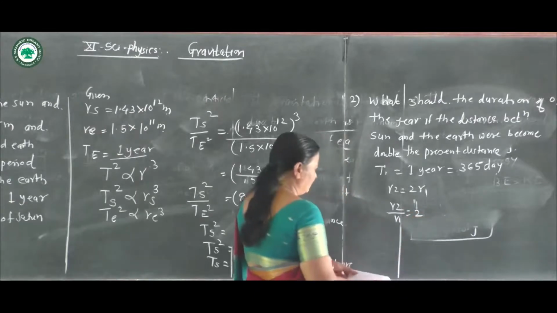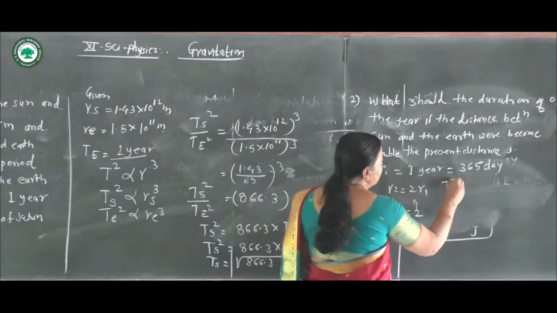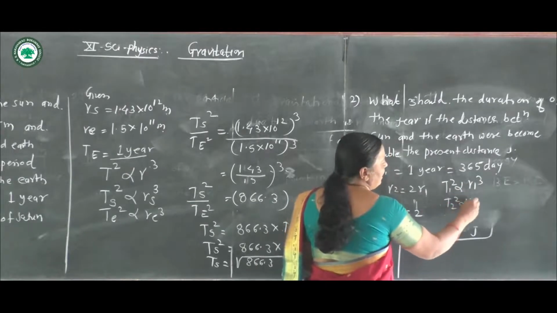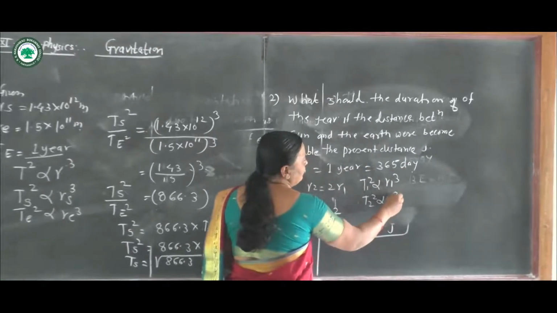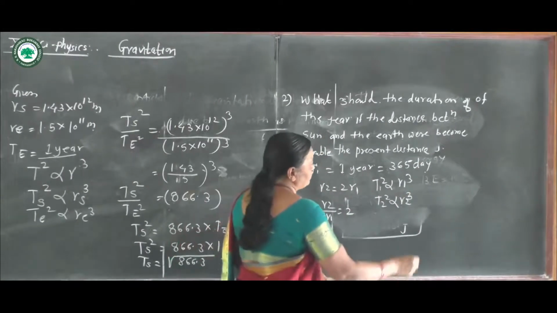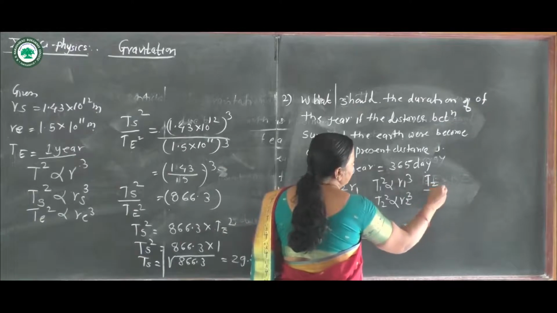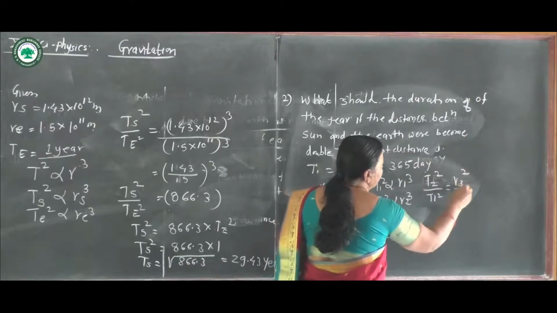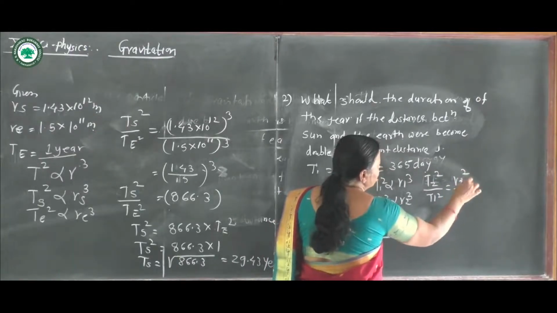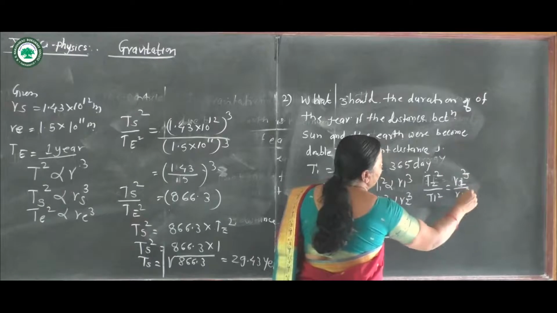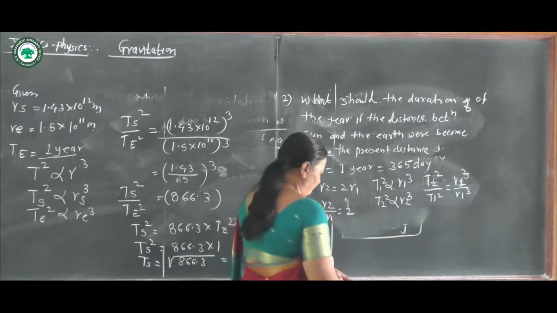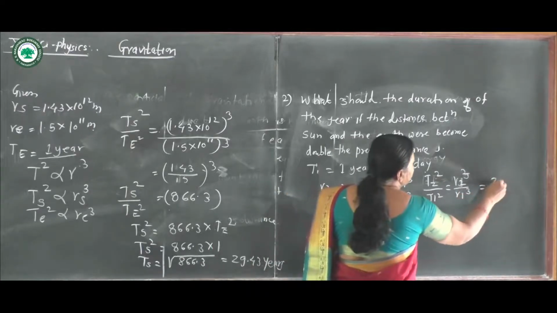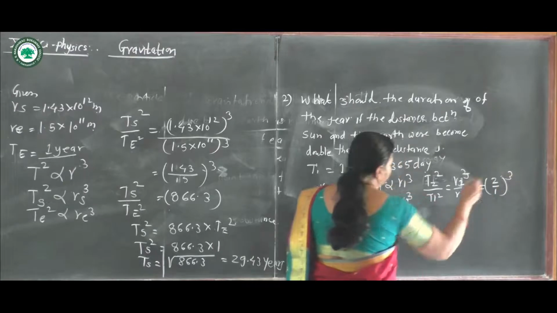This is the given. We know Kepler's law. T1 square is directly proportional to R1 cube, T2 square is directly proportional to R2 cube. Then take the ratio T2 square divided by T1 square, which is equal to R2 cube divided by R1 cube. Substitute the value R2 divided by R1, it is 2 divided by 1 cube.